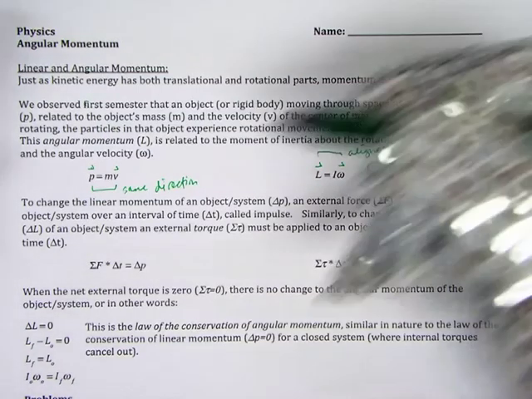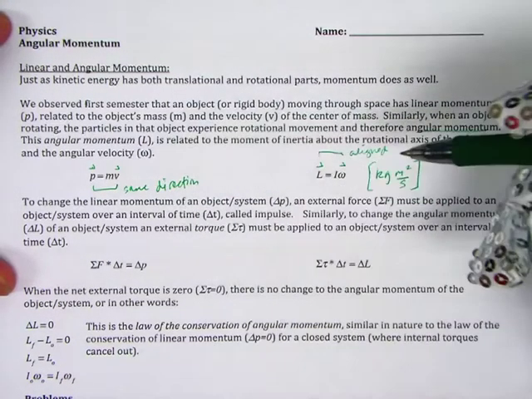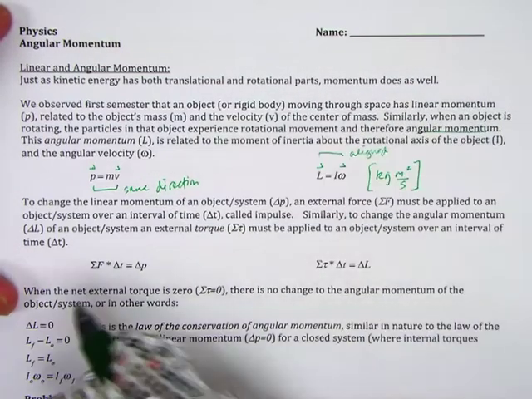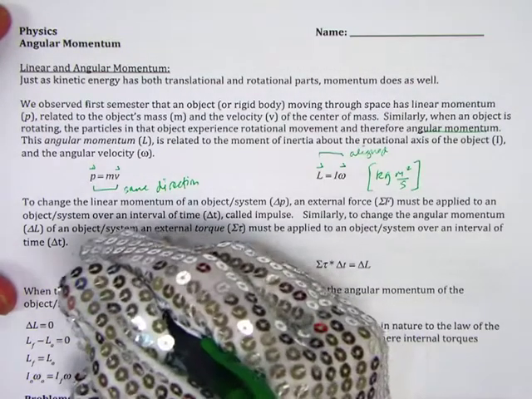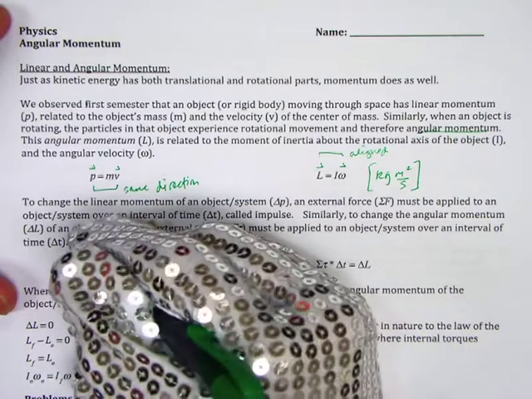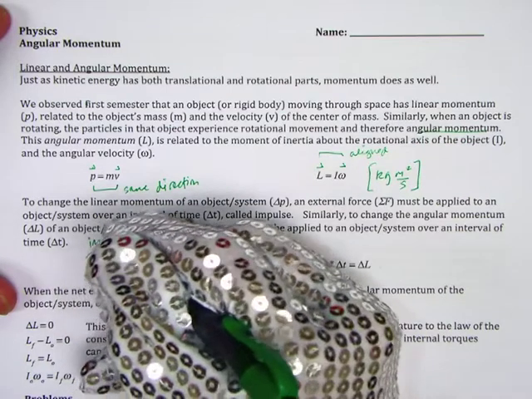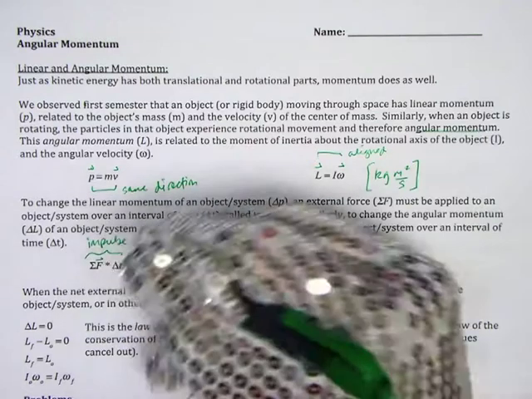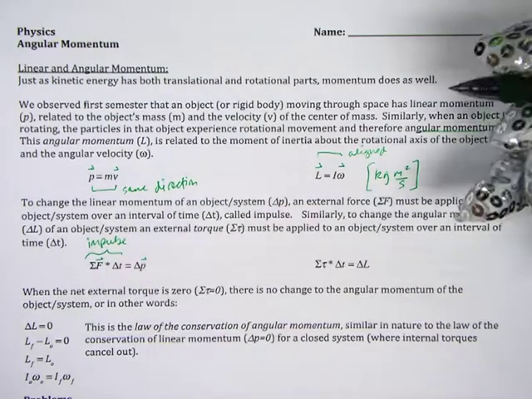Now, if I want to change the angular momentum of a system, I'm going to look at it just like we did with linear momentum. What we saw was the impulse on an object was when a force acted over a certain period of time, and that changed the linear momentum P of that object or that system.